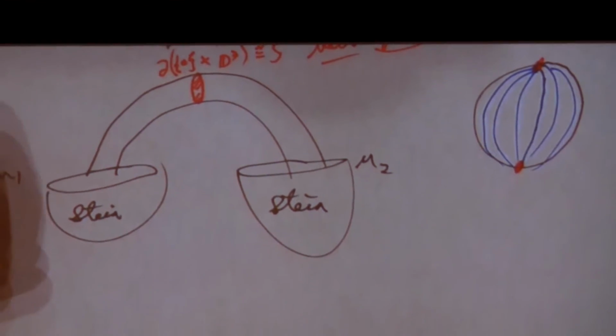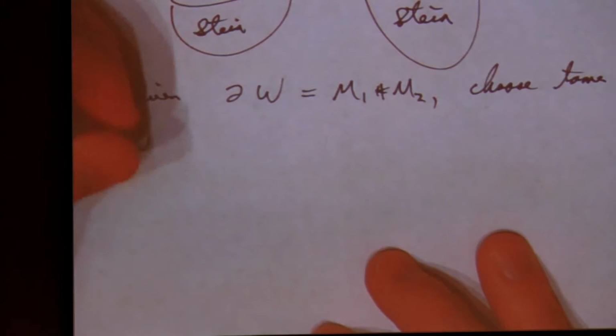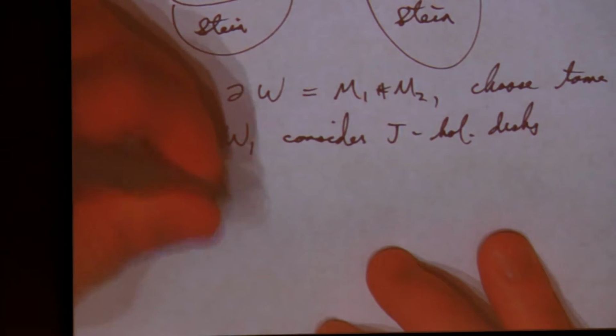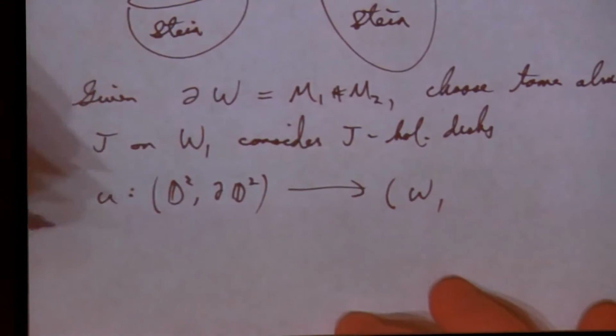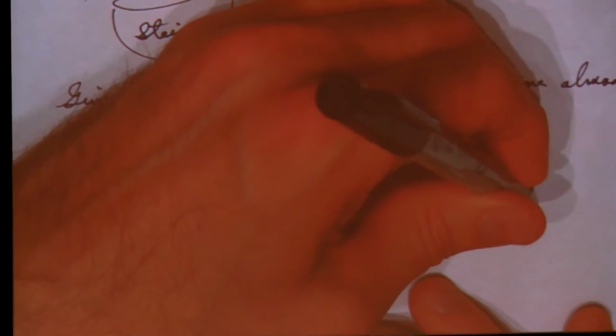So if you're given a filling of this connected sum, you choose a tame almost complex structure on the filling, and you consider the moduli space of J-holomorphic disks into the filling with boundary on the belt sphere, minus the singular points.